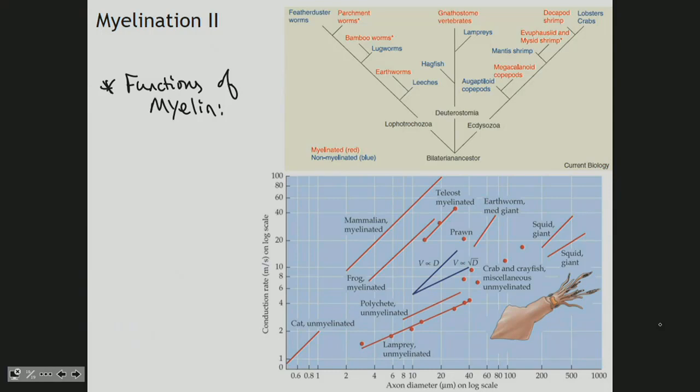You see it in some copepods and krill and mysid shrimp. You don't see it in manna shrimp, which is interesting because they have everything else sensory, but they don't have myelination. Some decapod shrimp, some earthworms, some bamboo worms, and parchment worms. So it's patchily distributed, which is an interesting thing among animals.